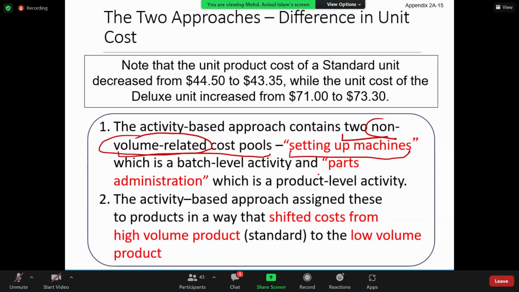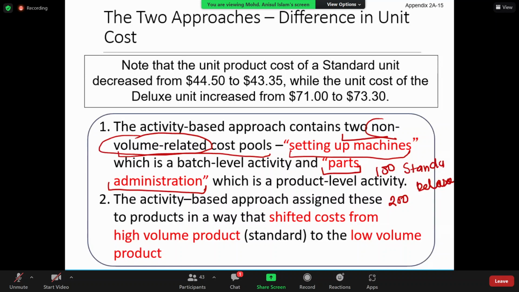And another portion, which is a product level activity, that is parts administration, which is also not connected to the total volume, but is more connected to whether you are using the standard category or the deluxe category. We see that in the deluxe category we had 200 parts to be assembled, and in the standard category we need to assemble 100 parts.